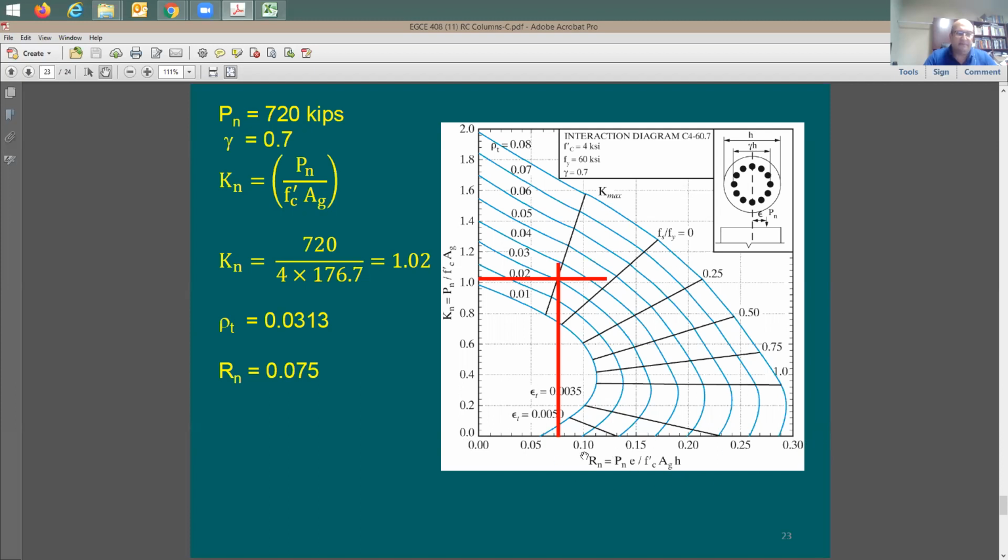Don't worry about the designation that you're looking at here. Just consider this to be Pn, the tension and axial force. And on the y-axis is going to be something called Kn, which is Pn divided by this. So one axis is for the flexure capacity, and the other axis is for the axial capacity.